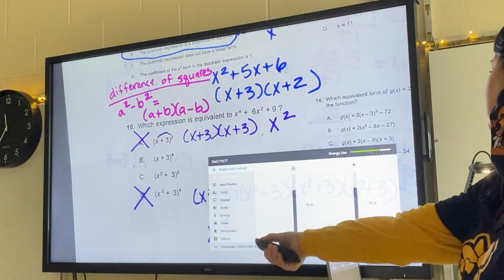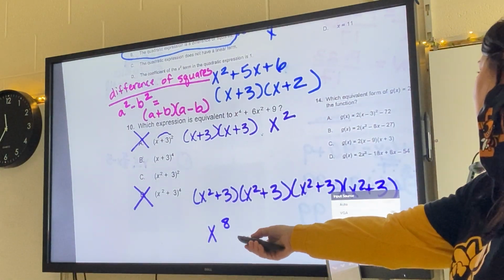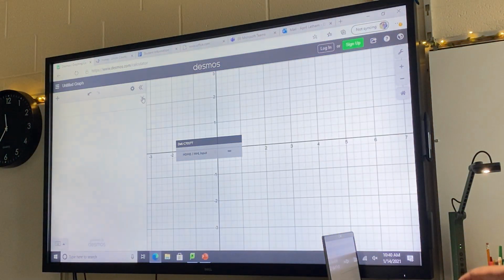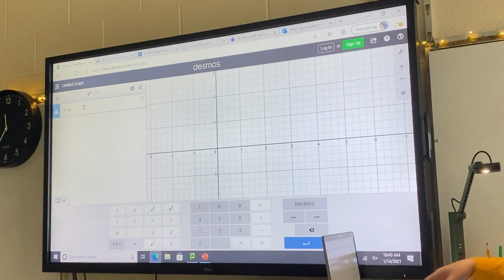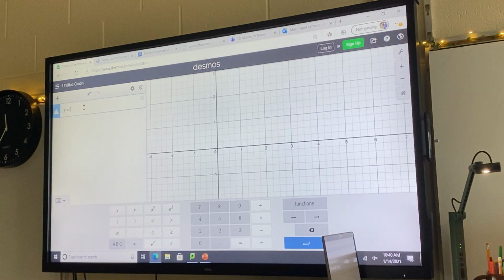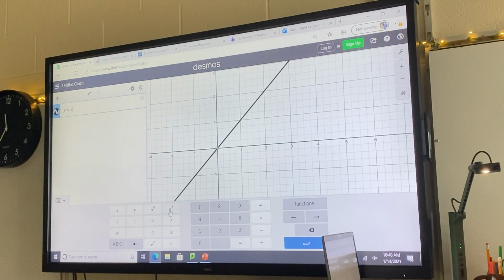All right, here we go. So for the first equation, I'm going to put y equals the thing that they give me. So it'll be y equals x to the fourth. So I hit this a to the b, and I put a fourth.